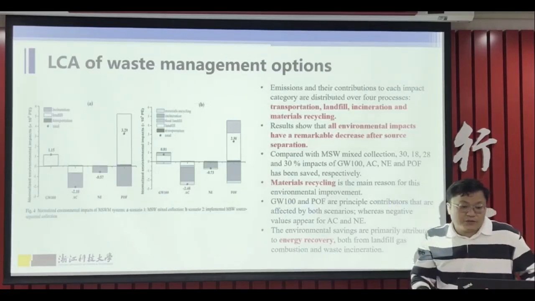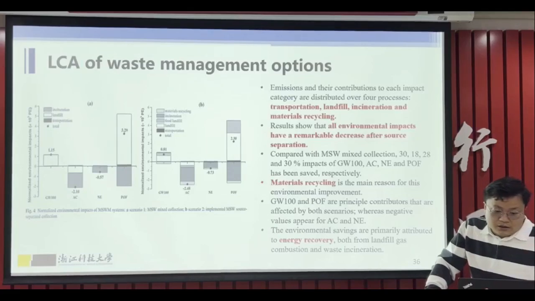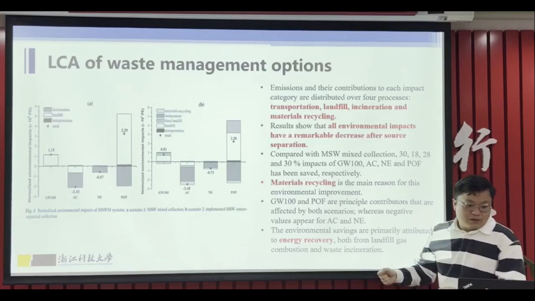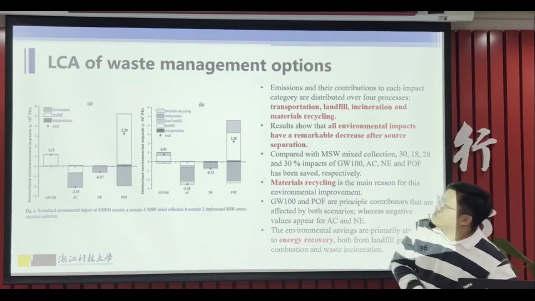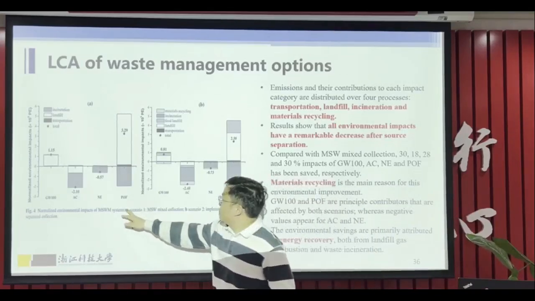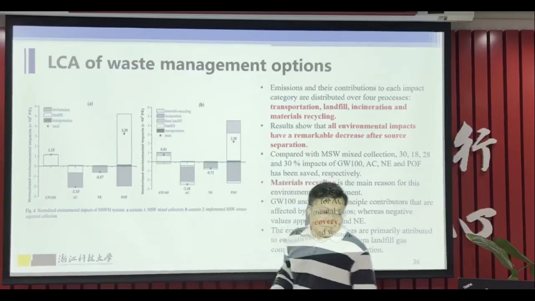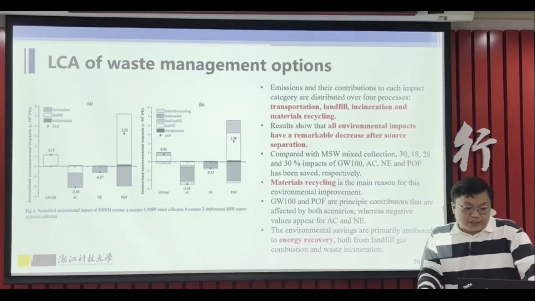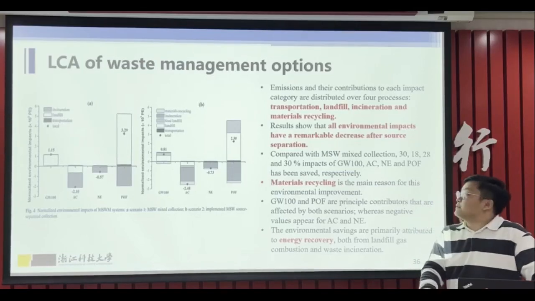And also here we present some results of the case study. The first one is the comparison between scenario 1 and scenario 2. We can see emissions and their contributions to each impact category are distributed over the 4 processes or 4 life cycle stages.